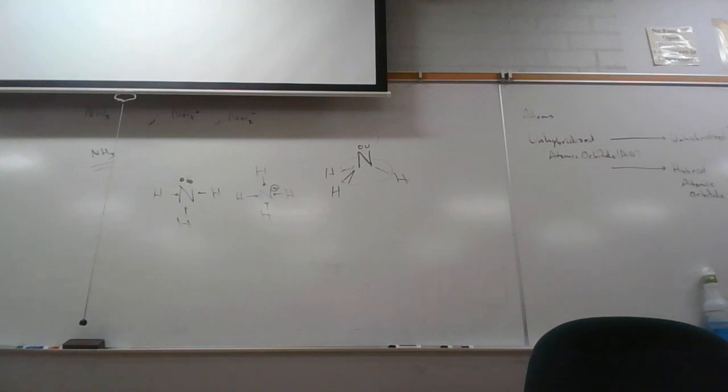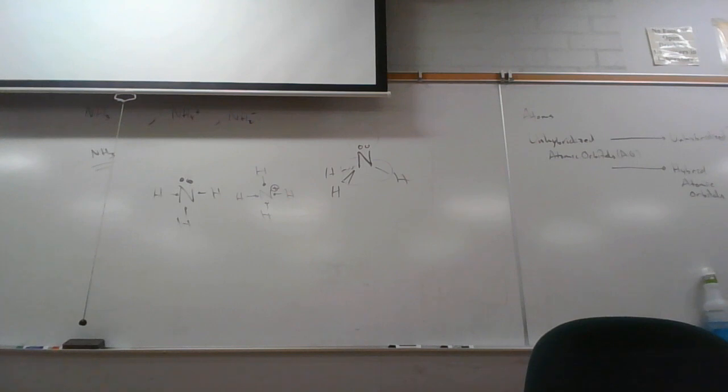In which a bond is equal to the overlap of atomic orbitals. And so when we create a bond here, I'm overlapping this sp3 on nitrogen with the 1s on hydrogen. And what that does is it increases the electron cloud distribution here in this region. This is what we call the internuclear region.